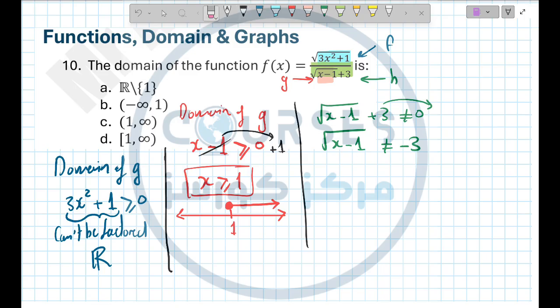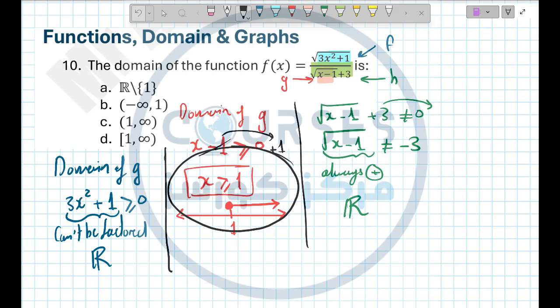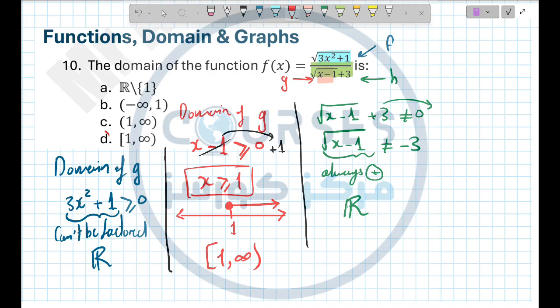Well, we know the square root is a positive value. It can never be equal to a negative. But this is always positive. Can never be equal to a negative value. In this case, the domain for this one is also R. So the only domain that we have here is this part, which we can clearly tell is hard bracket 1 until infinity.